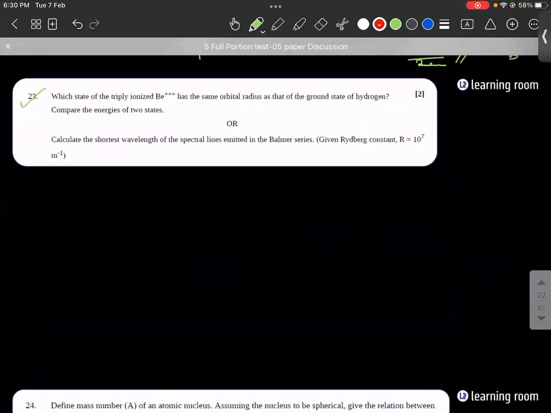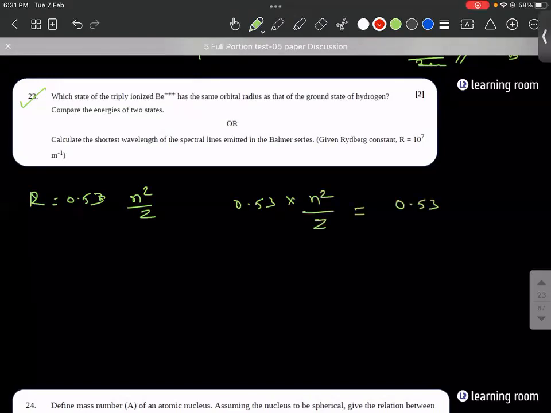Yeah. So which state of the triply ionized Be3+ has the same orbital radius as that of the ground state hydrogen atom? So we know that r is equal to 0.53 into n square divided by Z. So 0.53 into n square divided by Z is for the beryllium 3 plus, and 0.53 is the radius of the ground state of hydrogen.